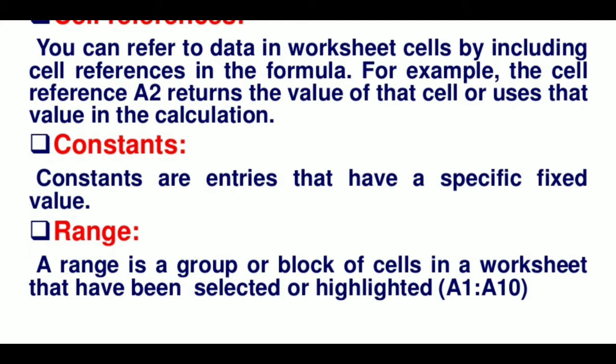For example, A1 colon A10. So range means a group of cells or a block of cells, a combination of multiple cells. Here A1 colon A10 in the box implies that it is a group of cells from A1 to A10.